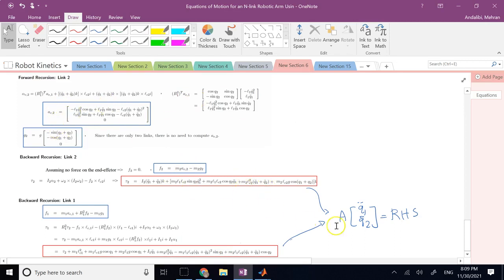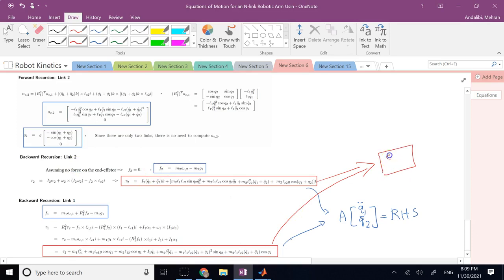So if I want to get to these two equations in red, do I need to use Newton Euler? Absolutely. But the alternative is to get to these two equations also using Lagrangian. So I can get to these two equations with either Newton Euler or Lagrangian. But the rest of the equations that are in blue, you definitely need the Newton Euler formulation.